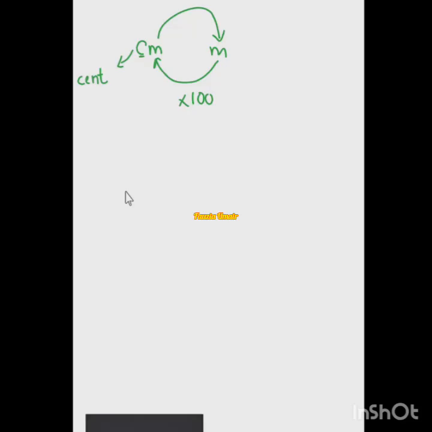Now we are converting units of area, and instead of centimeter, this is centimeter square and this is meter square. If we are converting centimeter square to meter square, we will divide by 100 two times. Why two times? Because there is a 2 here.